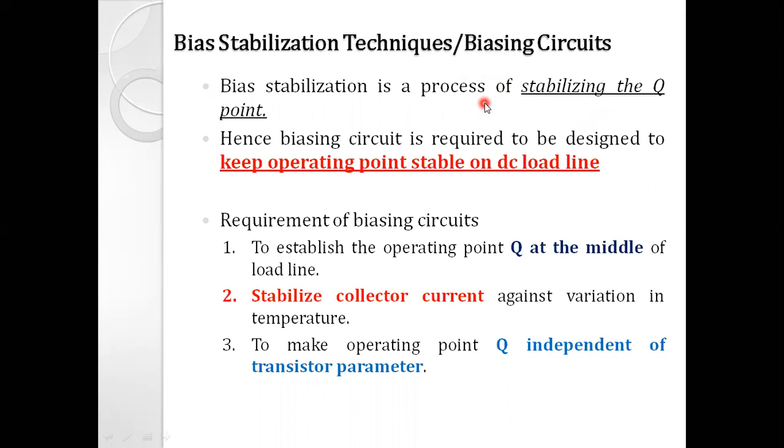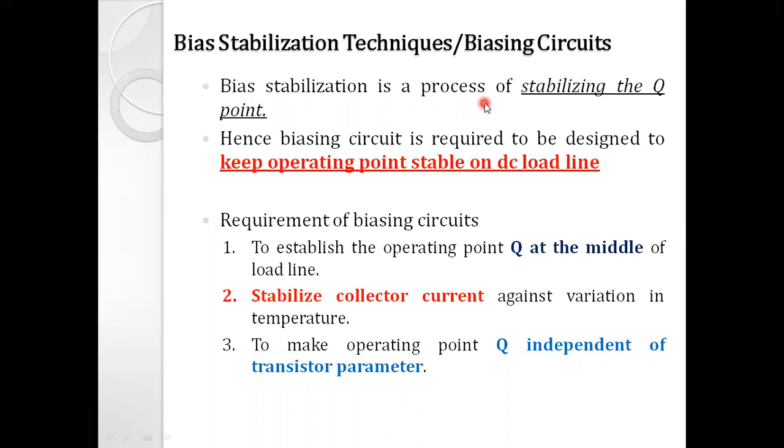That means under any circumstances, ensure that this operating point does not shift towards the cutoff region or towards the saturation region in the output characteristic of the transistor when the transistor is in the common emitter configuration.